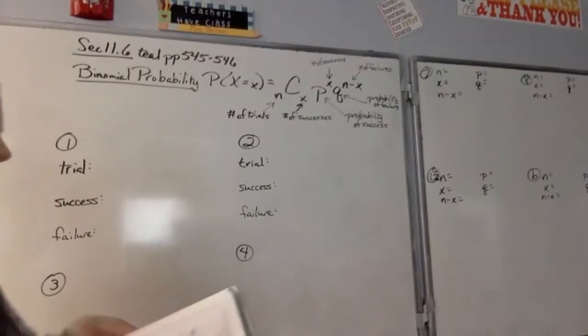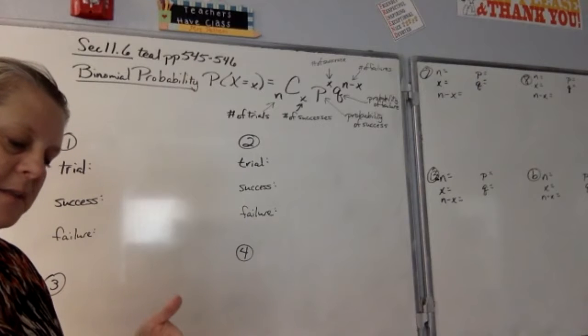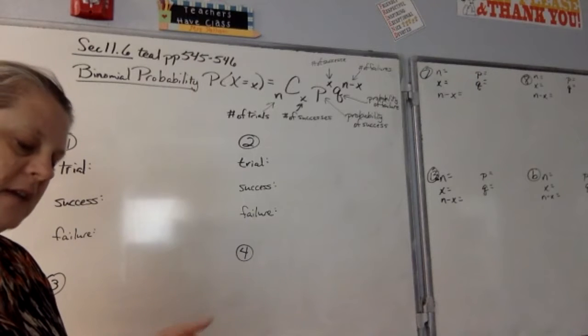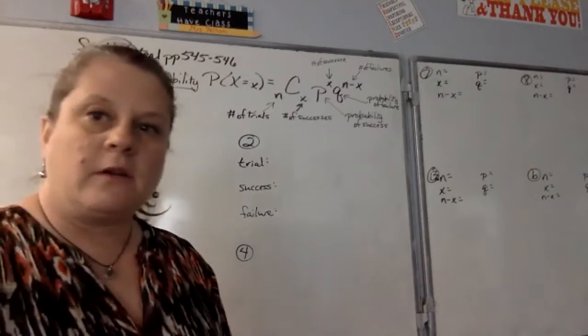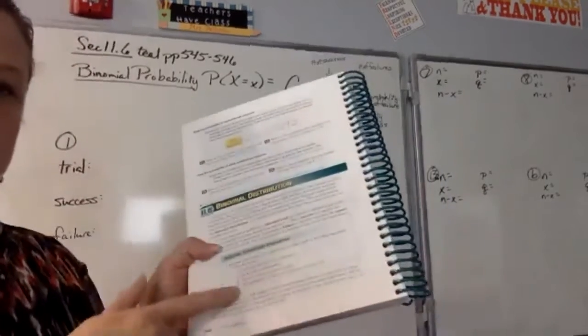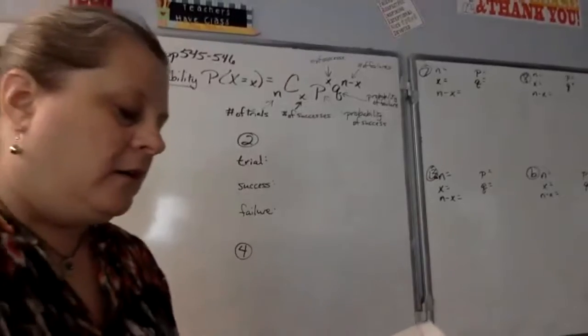On 1 through 4, it says determine whether each experiment is binomial. If it is, then we have to do some other work. So to be able to determine whether or not it's binomial, it has to meet these properties in this box. So that's what we're starting with.